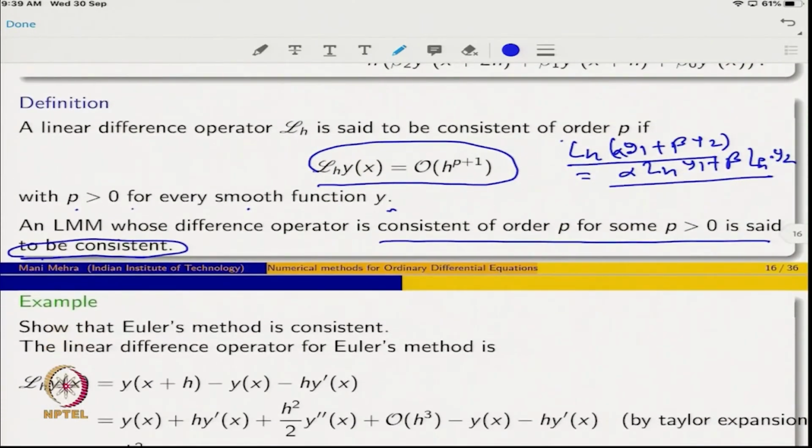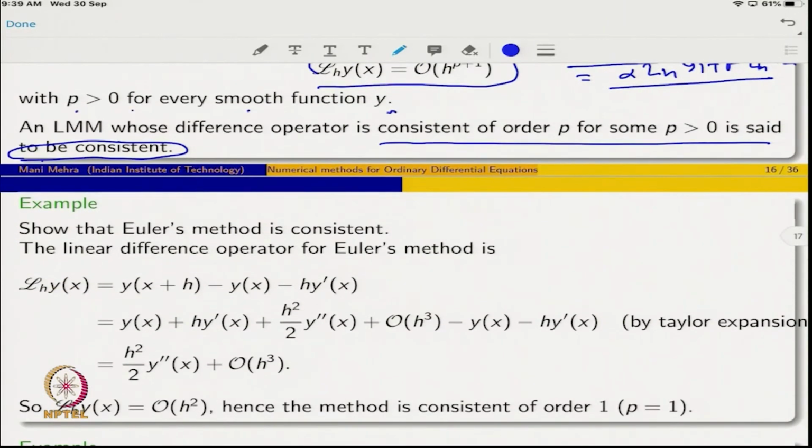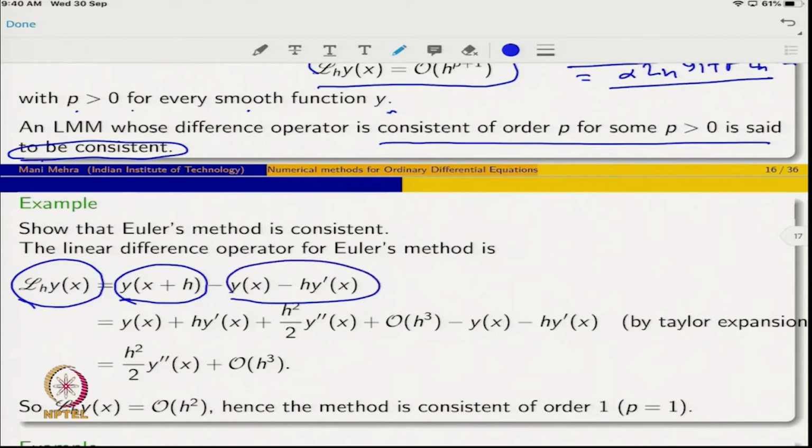Now, though we already know that the Euler method is consistent, because in fact we have gone one step ahead and proved the convergence of that method, still in this way also we can prove the same thing. The linear difference operator of the Euler method will be this. So, again this y(x+h), and that is how we can define it.